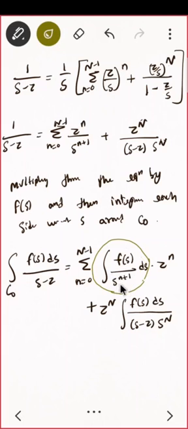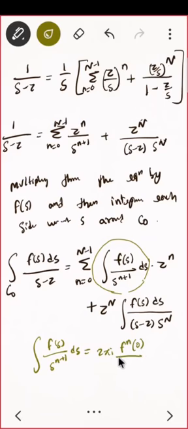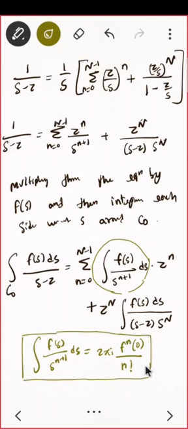This has a singularity, 0 is a singularity and 0 is lying inside. So can I write this integral f of s upon s raised to n plus 1 ds as 2 pi I f nth derivative at 0 upon n factorial? Yes, that is your extended Cauchy integral formula, if you remember. So here I am having f nth derivative upon n factorial.